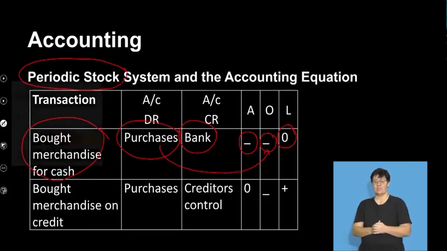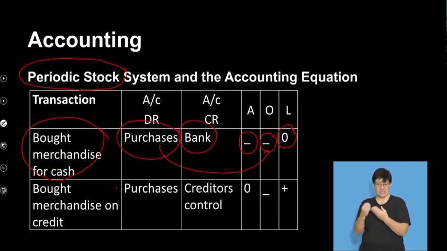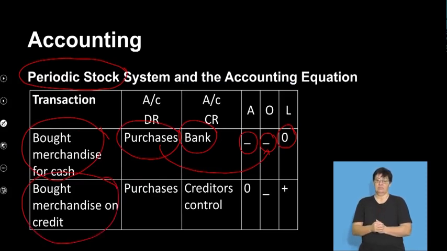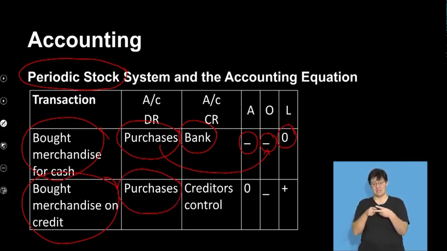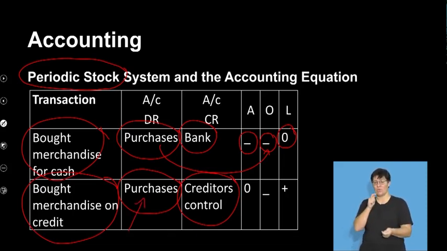Bought merchandise on credit. Here we go. Account debited is purchases. Account credited is creditors control. Notice the change. Instead of using a trading stock account, whenever we're dealing with periodic, we're using the purchases account.